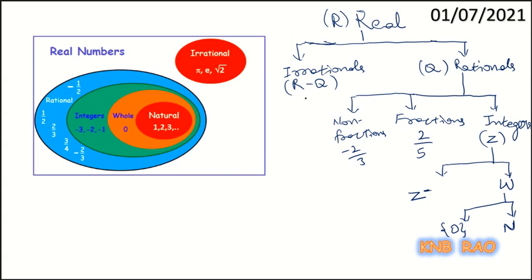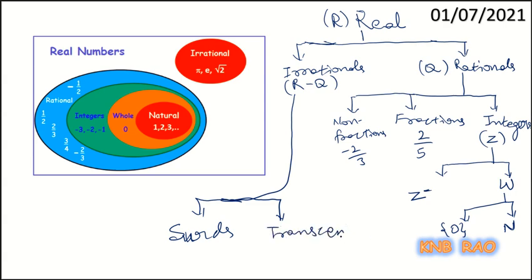There are again two varieties of irrationals also, that you will come to know later. For time being I will call two types, name alone I will give you. One, surds, we call them as surds, and transcendental irrationals.